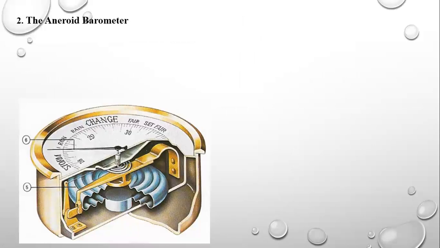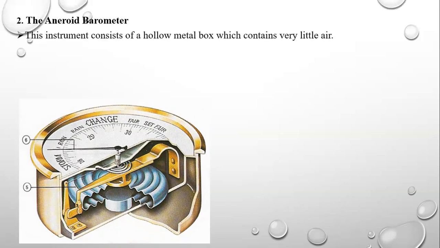Aneroid barometer. Now, this is how an aneroid barometer looks like. An aneroid barometer. Very different from a mercury barometer. Now, this instrument consists of a hollow metal box, which contains very little air.